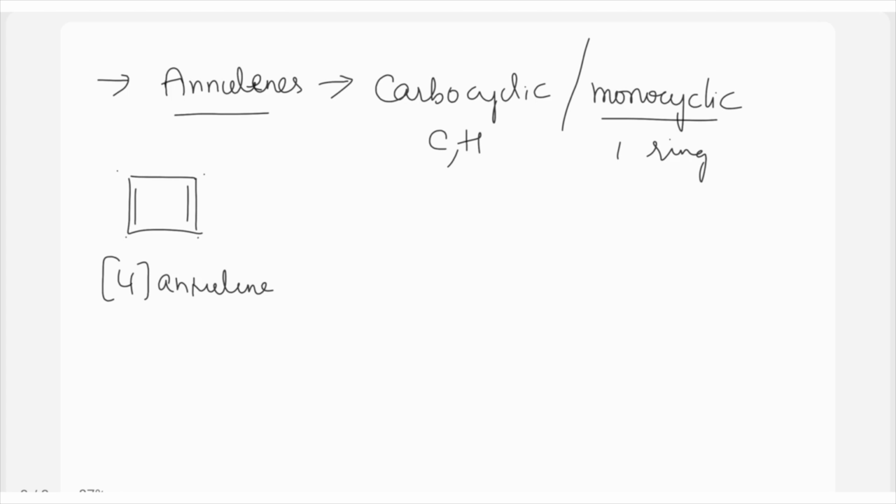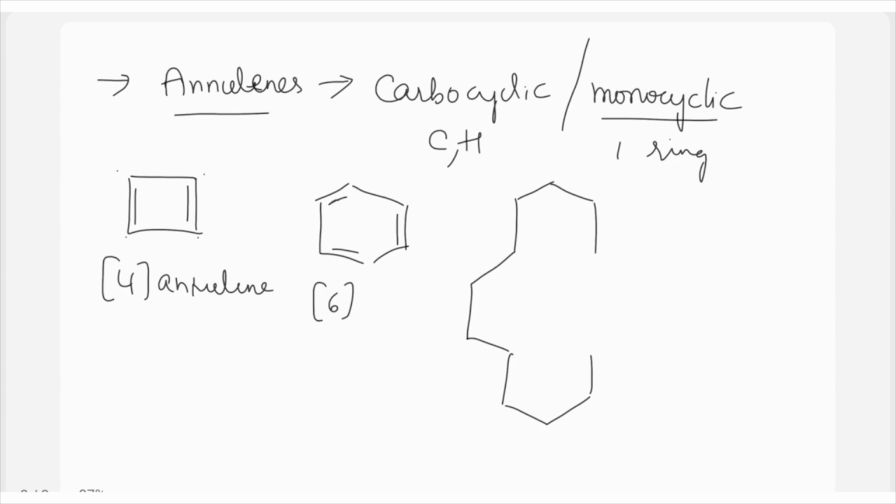So 1, 2, 3, 4, it forms 4-annulene. Similarly, there is 6-annulene, that is benzene. So 6 we write in square brackets, and we write it as 6-annulene. So the other name for benzene is 6-annulene. Then we have 14-annulene, that is this way. These are a bit complicated structures with alternate pi electrons.